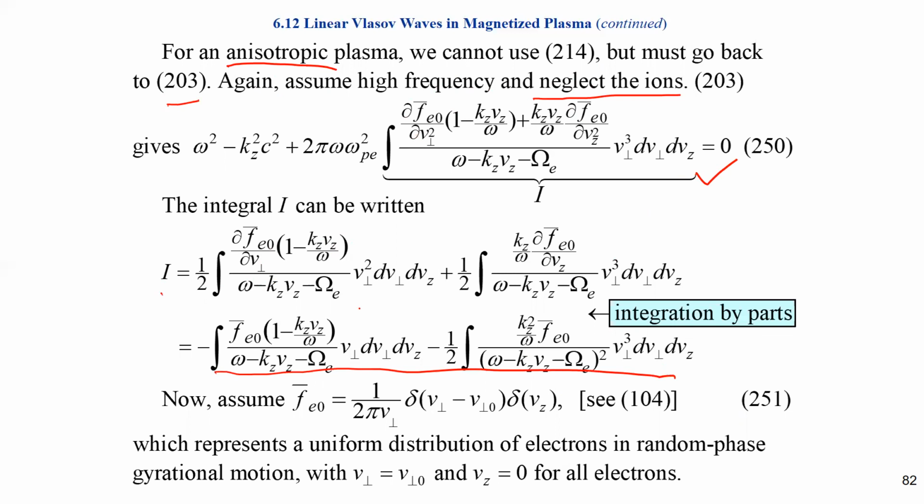Now let's assume the electron has perpendicular velocity and the z velocity is 0, so it does not move in the z direction. It just performs cyclotron motion, which represents a uniform distribution of electrons in random phase gyrational motion, with velocity here for all electrons.